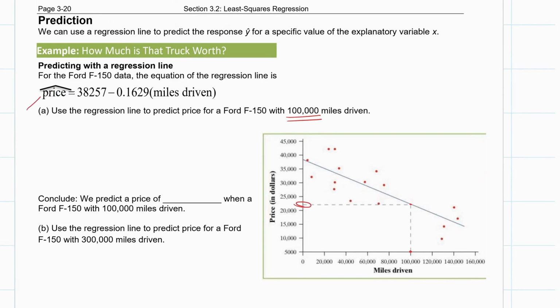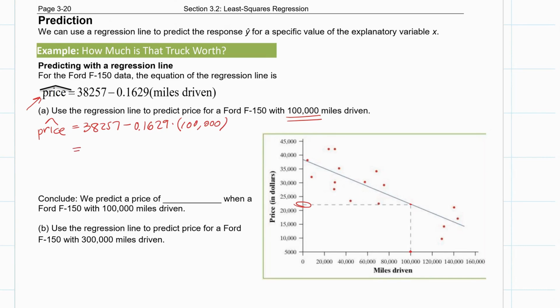But if we have this prediction model, we could also say, well, our predicted price is 38,257 minus 0.1629 times, and this is where we would put in the 100,000.